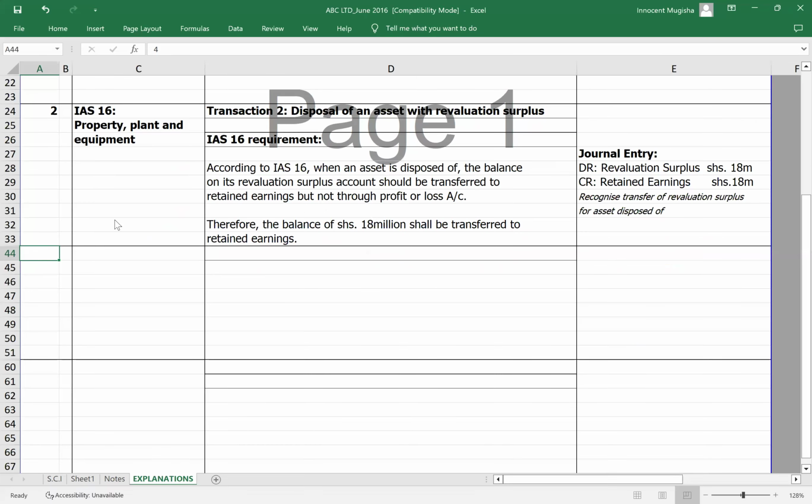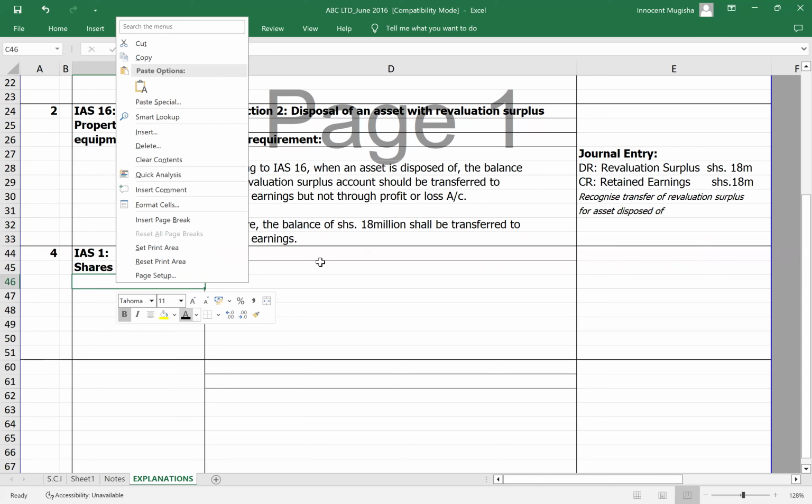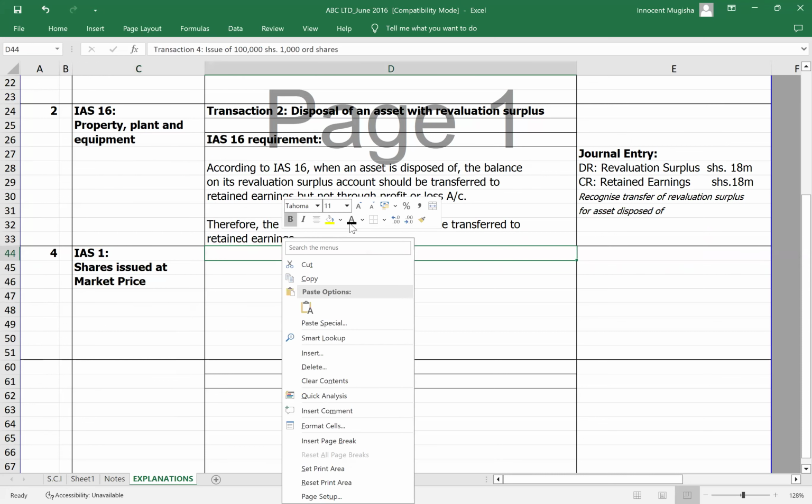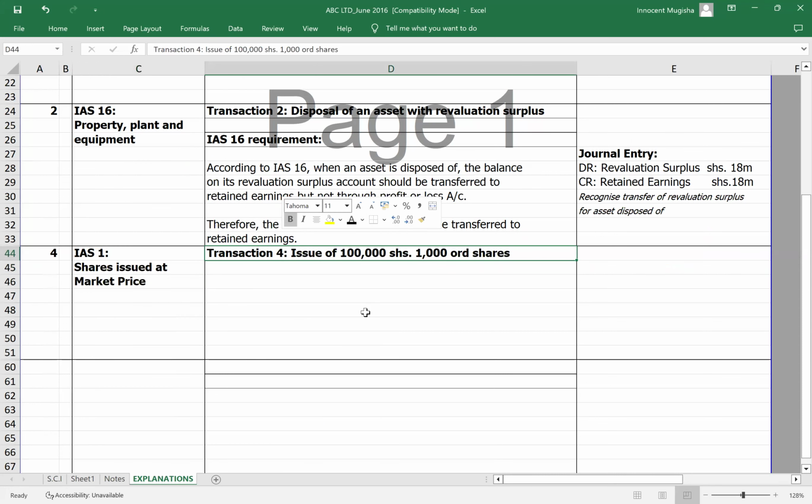It's our transaction number 4. I'll bring out IAS 1, which is shares at market value as discussed under IAS 1. The transaction is in regard to issue of 100,000 ordinary shares of 1,000 each.